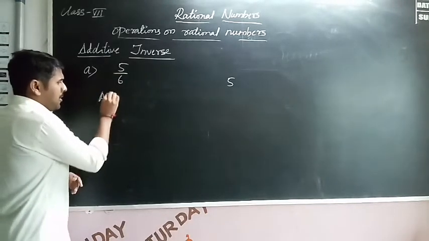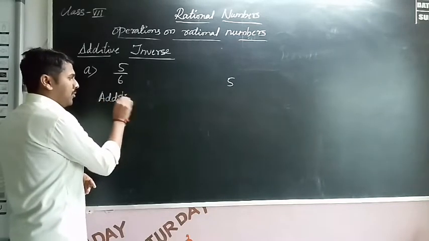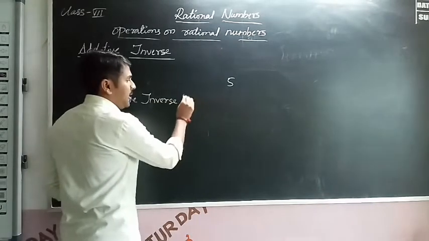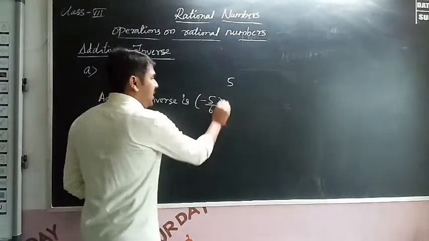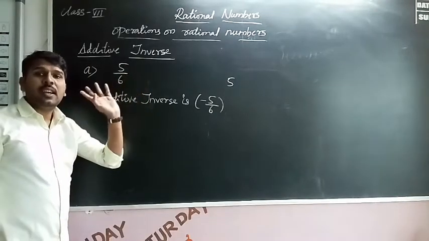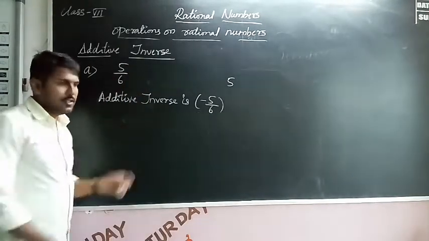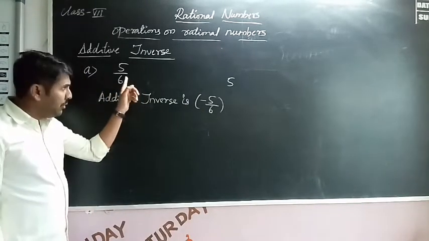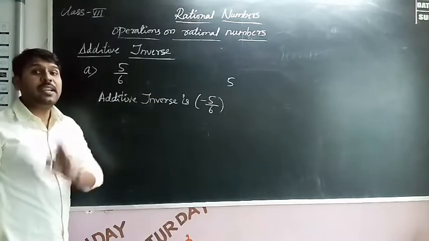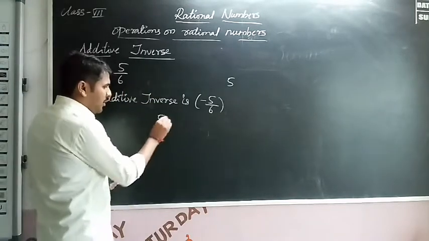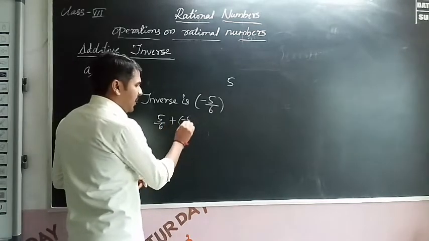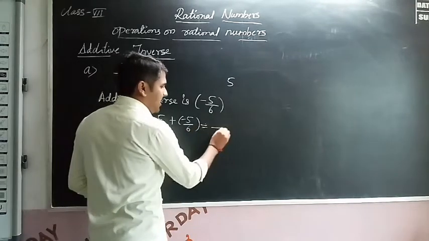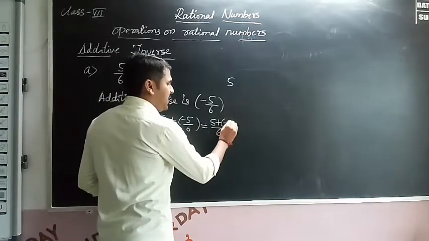The additive inverse is minus of that rational number, and the sum is 0. So add this to 5 by 6: 5 by 6 plus of minus 5 by 6. Here denominators are same, so keep it as this. 5 plus minus 5, isn't it?